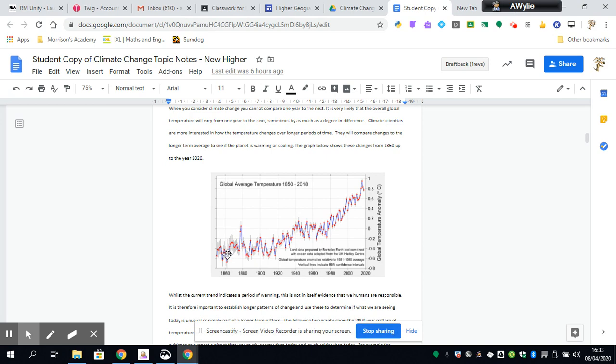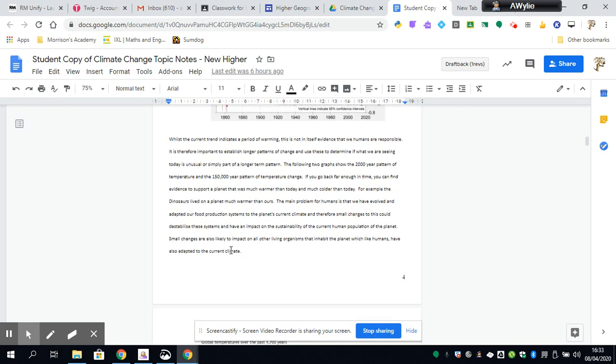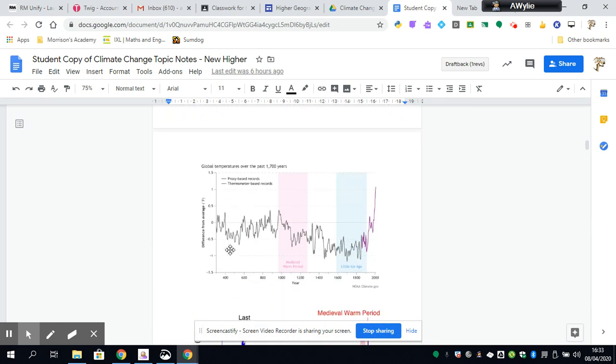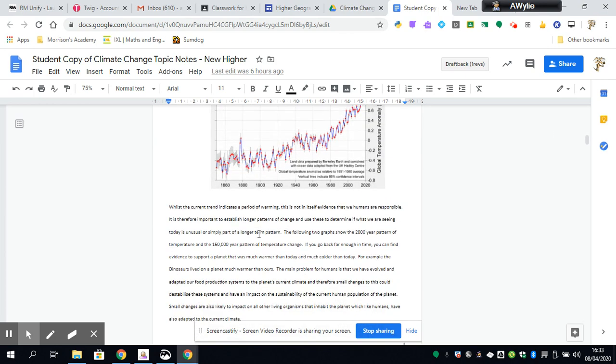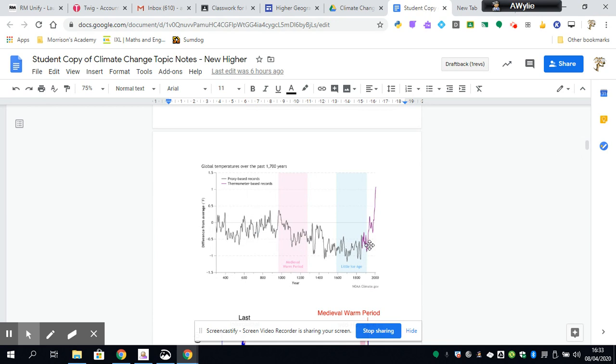But to really establish whether this is happening, we need to go right back in time and start looking at longer term trends. So if we go back the last 2,000 years, here we can see the last bit of the graph above. So this sort of last 180 years is represented sort of here. But here we can now see we've got a little ice age from about 1600 through to about 1800 when the planet was much cooler.